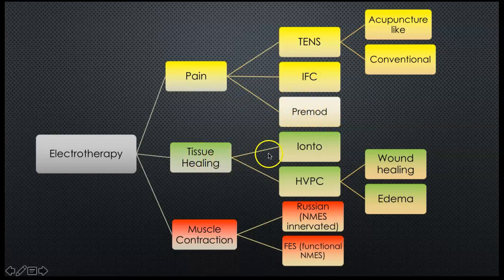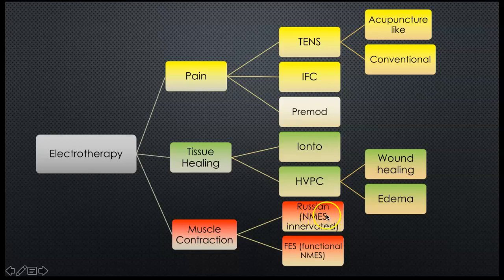For tissue healing, you can use something called iontophoresis. You can use high volt pulsed current, and you might use it for different reasons. You might use it for wound healing, or you might use it for edema, and you set it up differently depending on why you're using it. And then for muscle contraction, a really common one is called neuromuscular electrical stimulation, and you use it on innervated muscles.